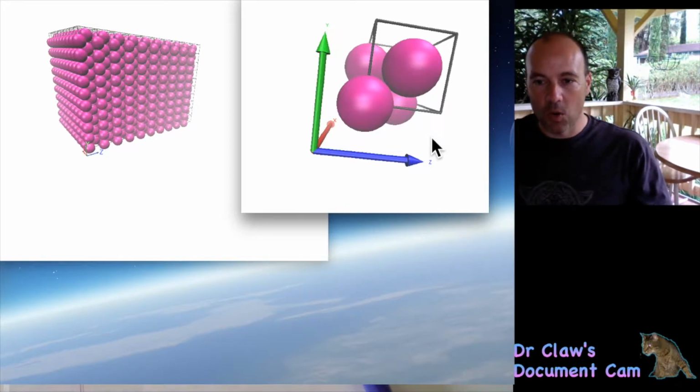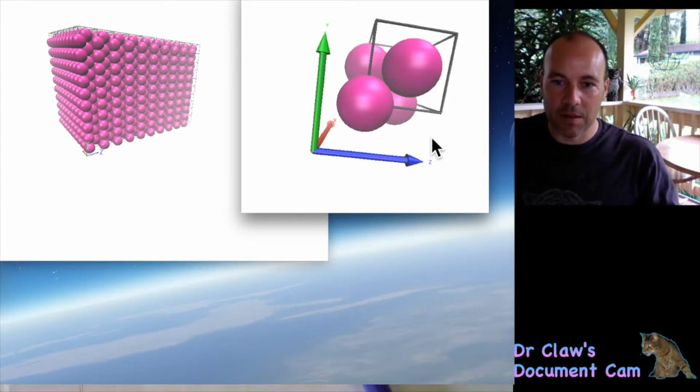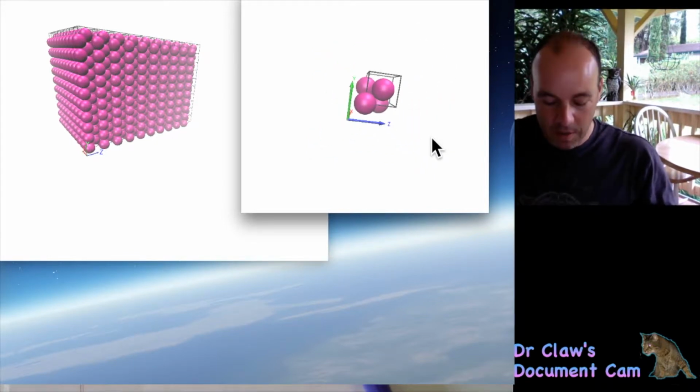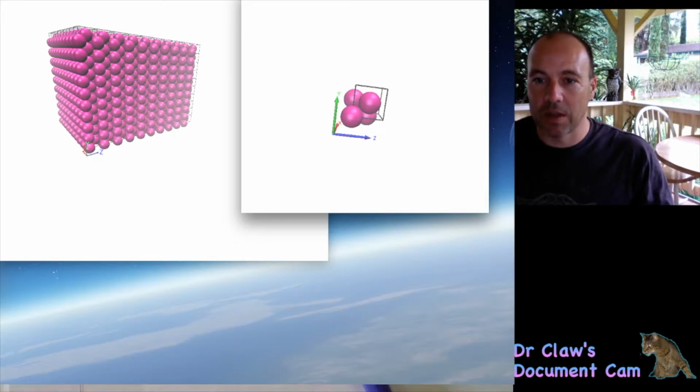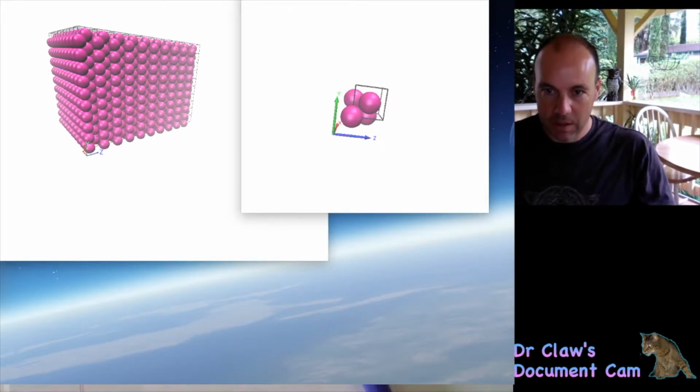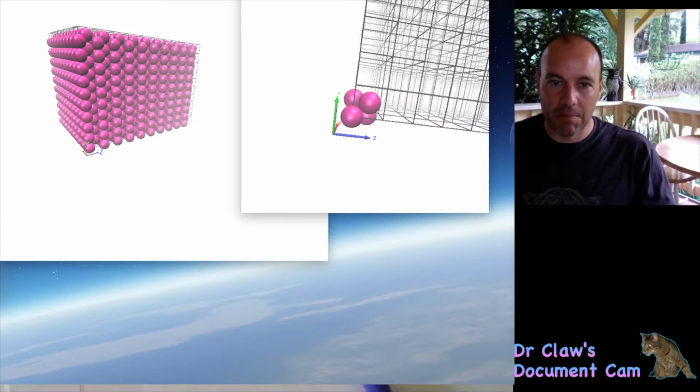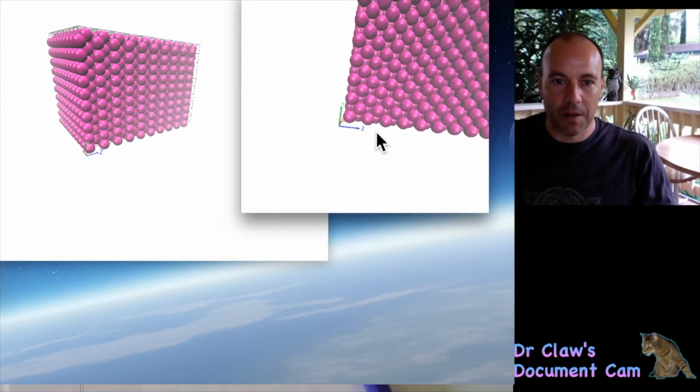Okay, if you look at the coordinates for the face-centered lattice, those are the coordinates of the 4 atoms associated with that unit cell. And we could draw lots of unit cells. Let's go ahead and do that. Let's make a 10 by 10 by 10 lattice along with the atoms. Okay, and there it is.